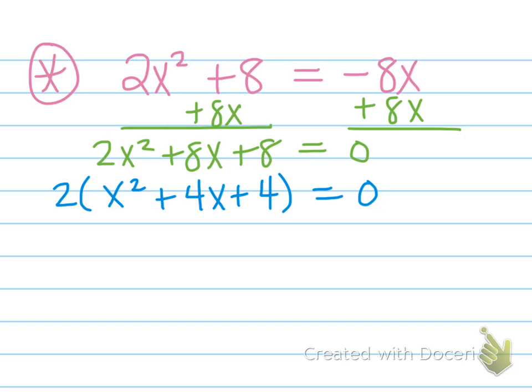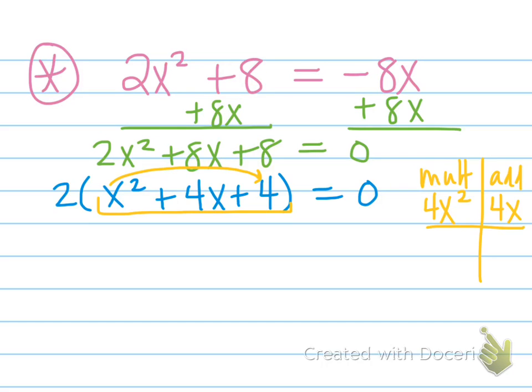In this problem, that's now inside of my parentheses, I'm going to be multiplying to get a positive 4x squared, and adding to get a 4x. As you know, 2x times 2x gives us 4x squared, and 2x plus 2x gives us 4x.